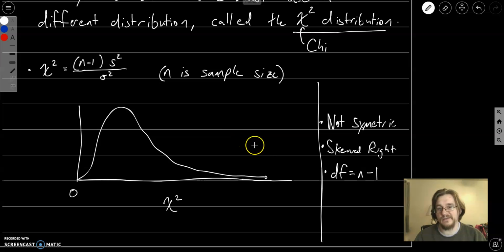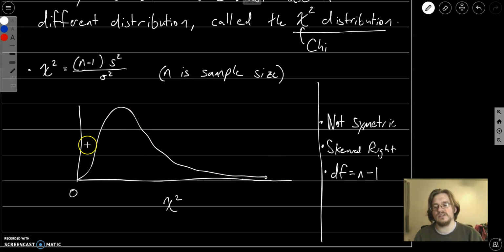Well, when we're talking about variance and standard deviation, you can't have a negative variance and you can't have a negative standard deviation. This is because these numbers refer to how spread apart the data are. And if things can't be spread apart in a negative fashion, it's either not very spread apart, in which case it'll be closer to 0, or the data are very spread apart, and it will have a large standard deviation.